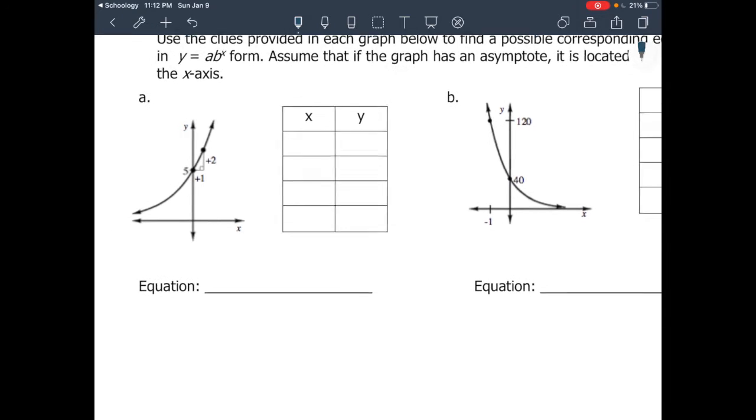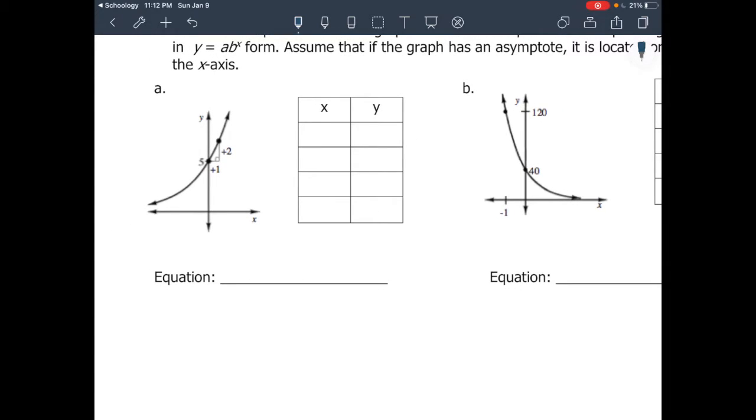Looking at A, there are 2 points specifically given to us, and it has some pluses on it. Let's start with the point on the y-axis, which would be our starting value. That's 0, 5, because it's not going anywhere on the x, and then it goes up to 5.